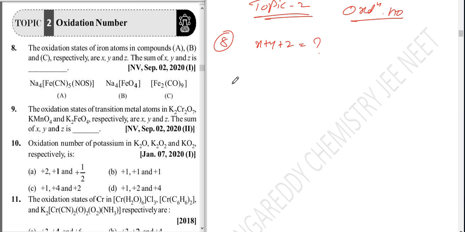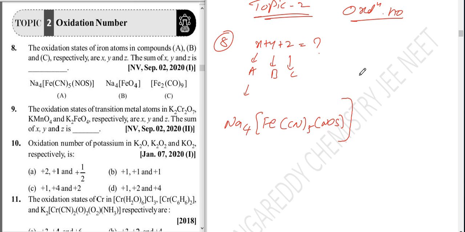It is asking, what is X? X means compound A, Y compound B, Z compound C. In that iron, see, first compound A I will write here: Na4[Fe(CN)5NOS].